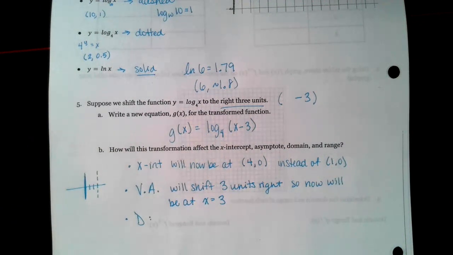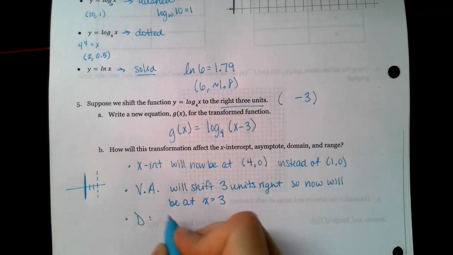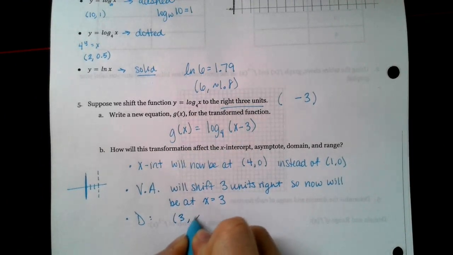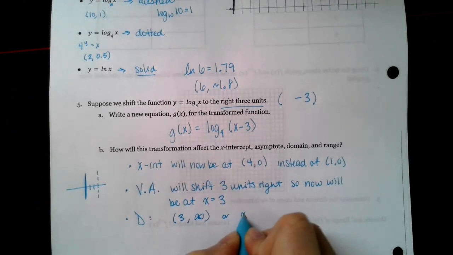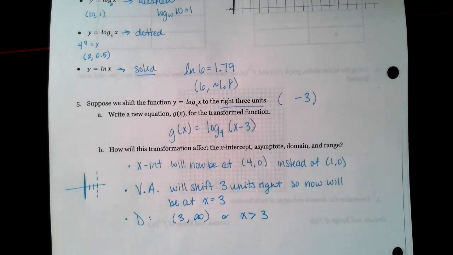My domain originally was from 0 to infinity, where the 0 was not included because of that vertical asymptote. Since it's shifting to the right, it'll now be 3 comma infinity, or you could say x is greater than 3. Our range is based on our y values, how far down and how far up our graph goes.